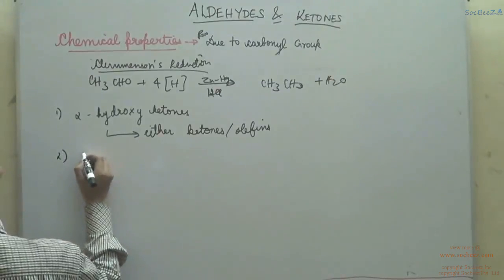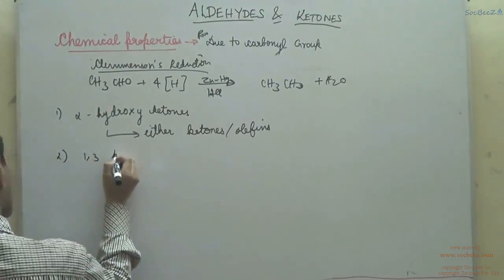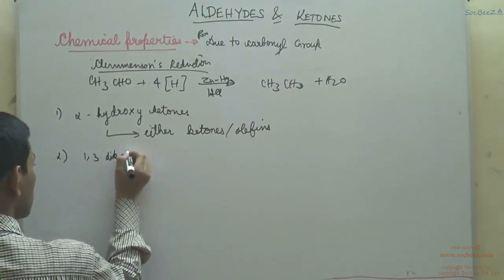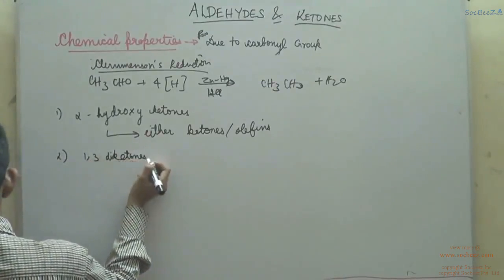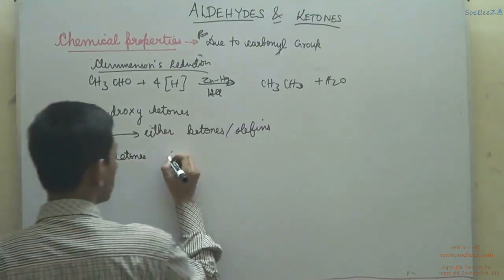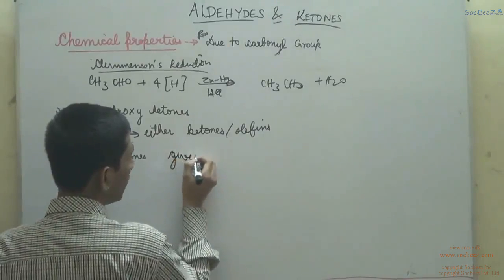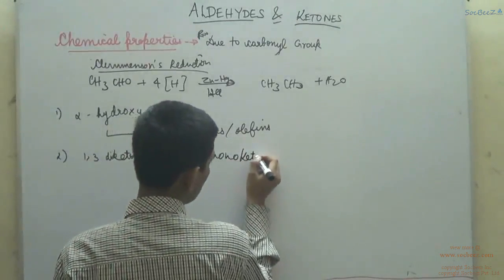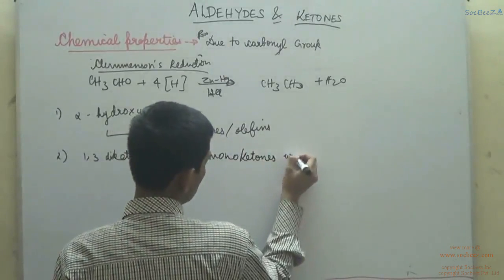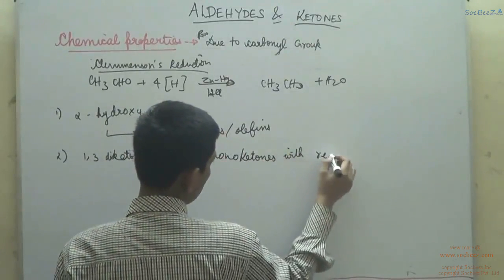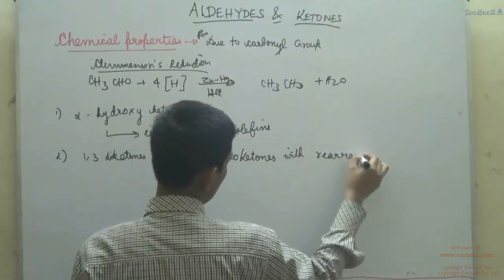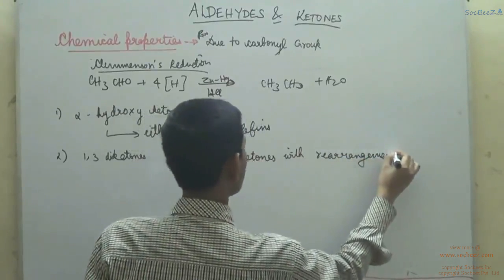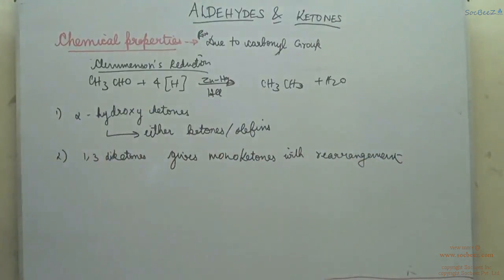Second, 1,3 diketones. Remember, 1,3 diketones generally give monoketones with rearrangement.